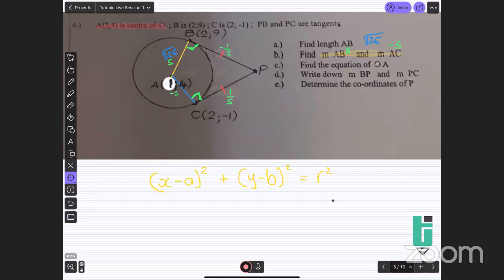So to find the equation, you just need the center and the radius. The center is (1, 4), so it's (x minus 1) squared plus (y minus 4) squared equals... what's the radius squared?